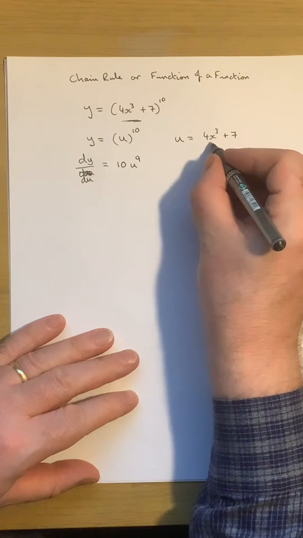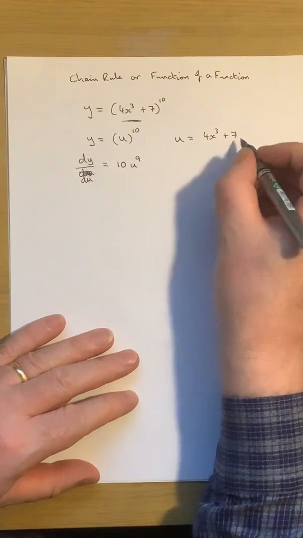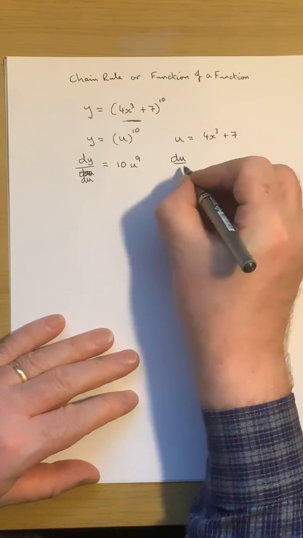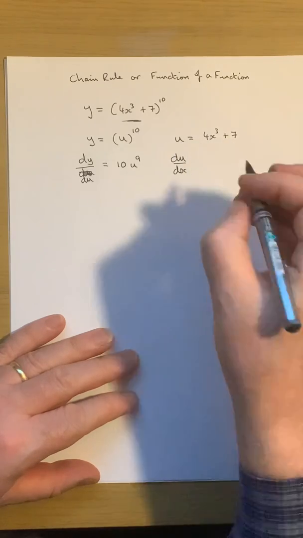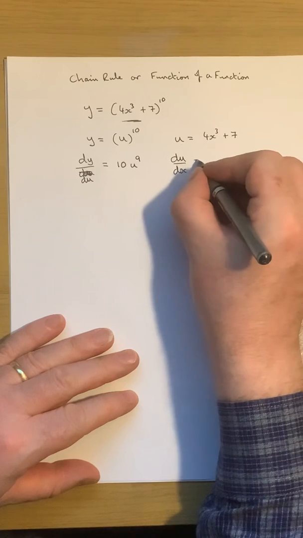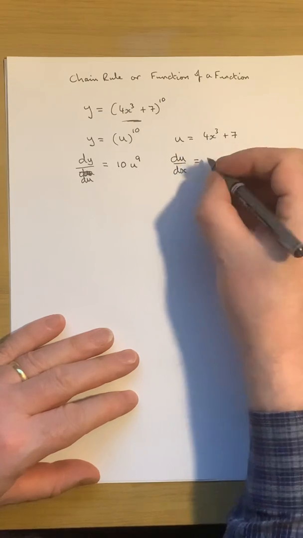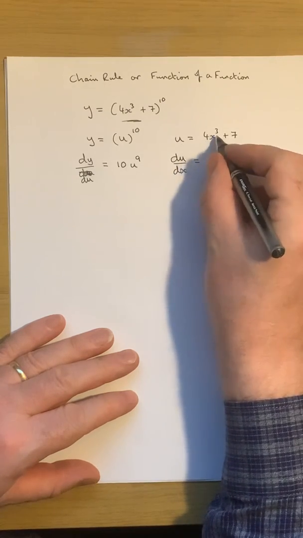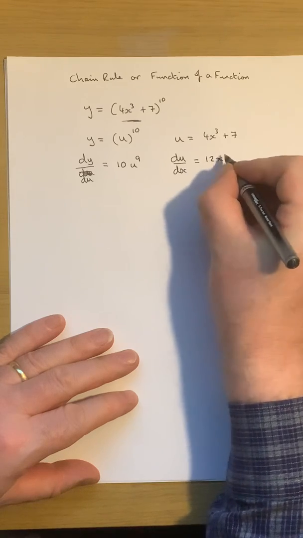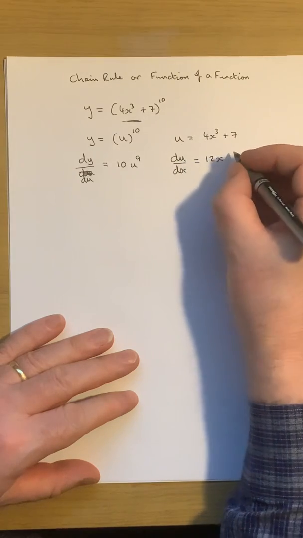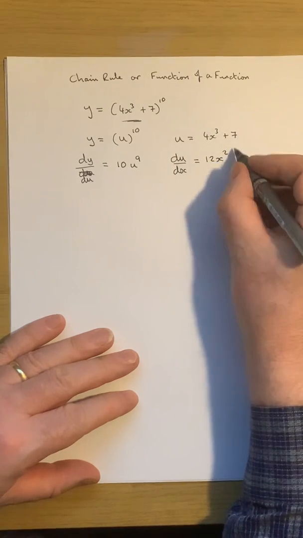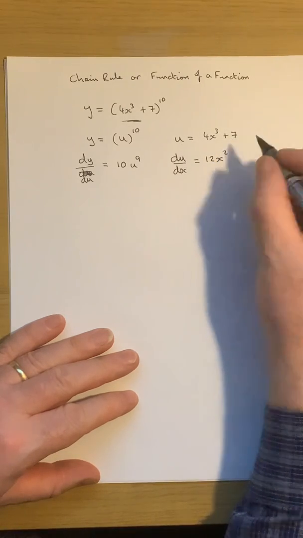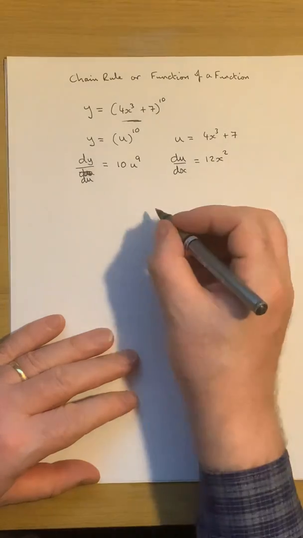u is equal to 4x to the power of 3 plus 7. So du by dx, differentiating u with respect to x: differentiate 4x cubed, you get 4 times 3 is 12x, and reduce the 3 by 1 to give you a 2, so it's 12x squared. The 7 goes to 0. You differentiate a constant, it just goes to 0.